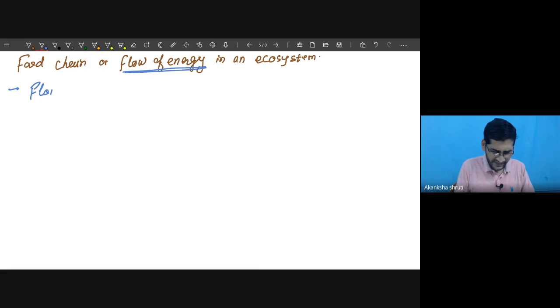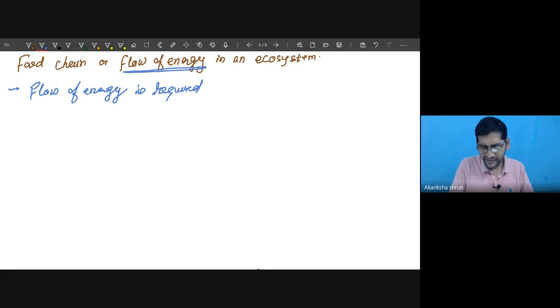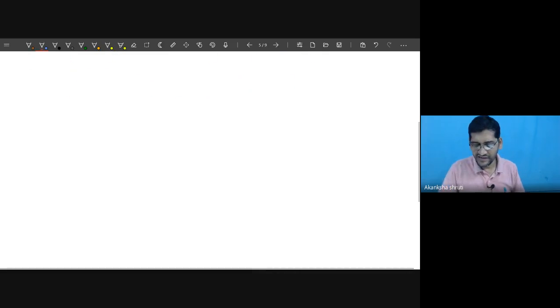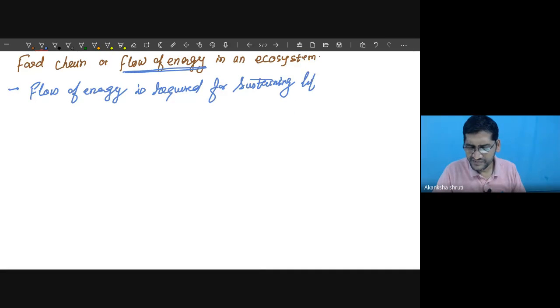Flow of energy is required for sustaining life in any ecosystem. Whichever kind of ecosystem you take, there is always flow of energy.